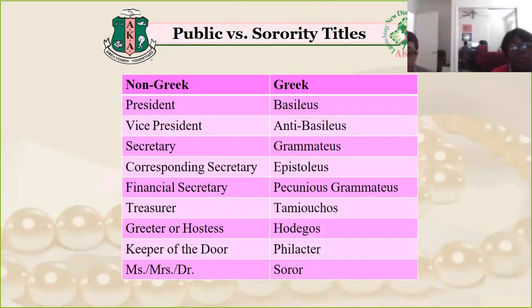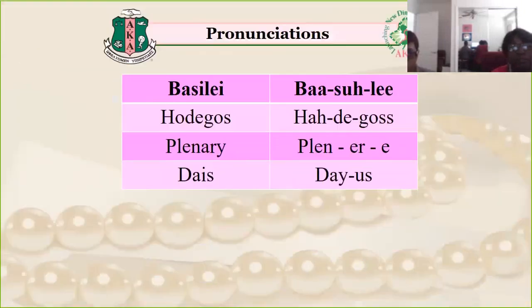Continuing, for the plural form of basileus, we use basilei. For the chapter greeter is the hodegos. Our sessions at the regional conference are called plenary. And the dais is pronounced dais.